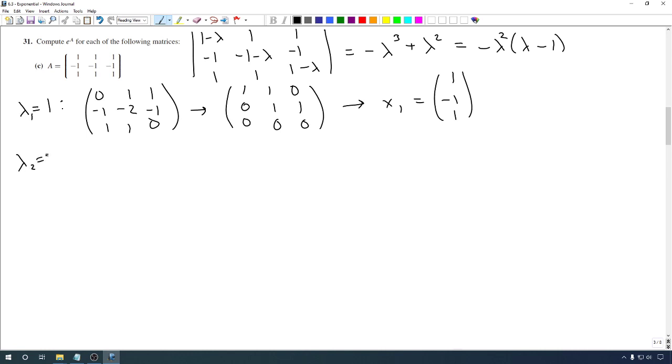My second eigenvalue, and in fact my third eigenvalue, assuming that this actually does work out nicely, are both going to be 0. Which means I'm going to take my original matrix and do row operations.